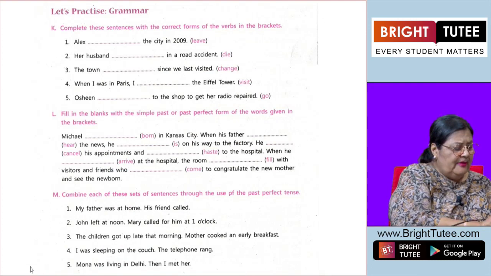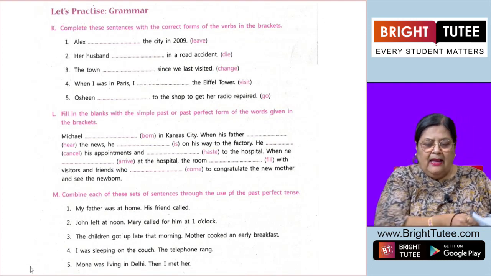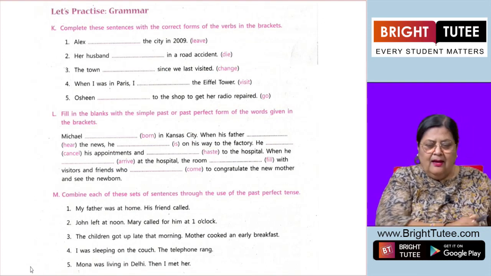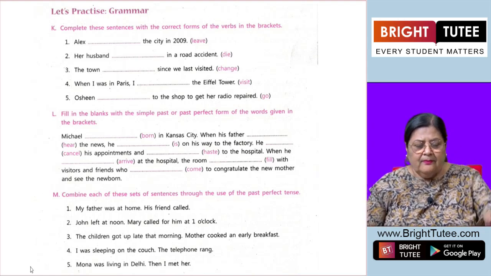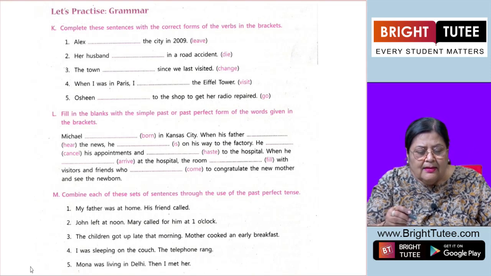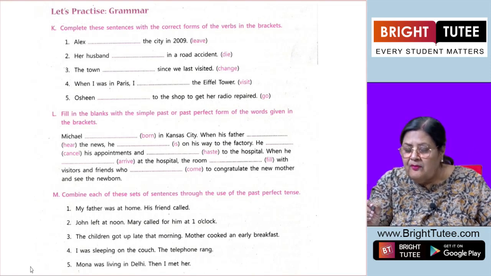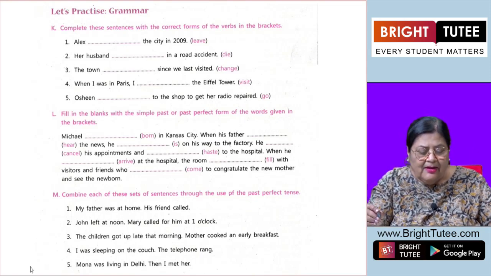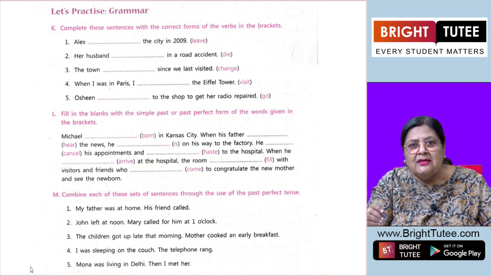We will be filling up this. Simple past tense. Complete the sentence with the correct form of the verb in the bracket. It can be simple past tense, it can be past continuous tense, it can be past perfect tense, it can be past perfect continuous tense.